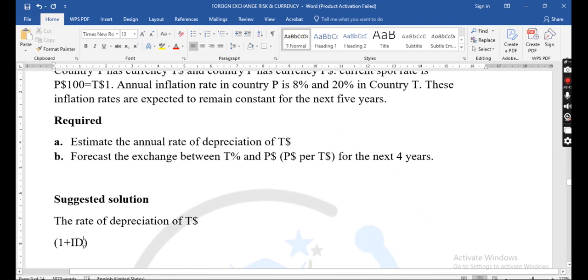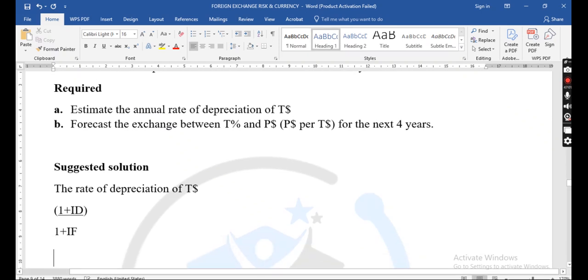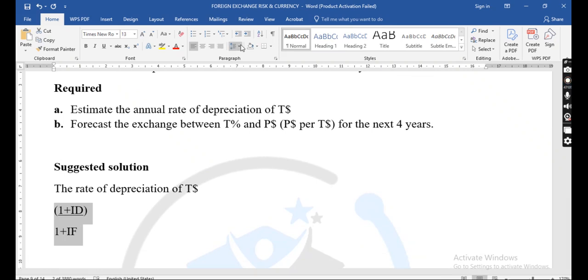That is the purchasing power parity, divided by 1 plus I_F, which is the foreign inflation rate, right?